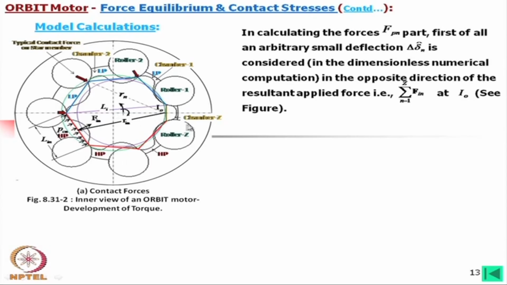Say the shaft has rotated by a small angle for which these two are the critical contact points. So, we know these lines, we know this direction, and we consider the transverse direction of this. Then we consider that deformations are taking place in these directions, perpendicular to this. First we consider, since this is a dimensionless quantity, let us take 0.01.